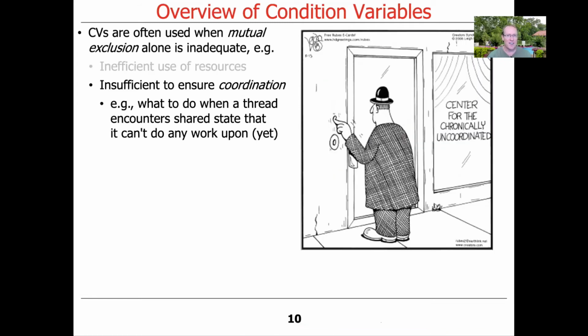Another challenge with mutual exclusion and reentrant locks and so on is that they don't allow you to perform effective coordination. And coordination is really all about what does a thread need to do when it encounters some condition or some values of its shared state that don't allow it to make any progress.